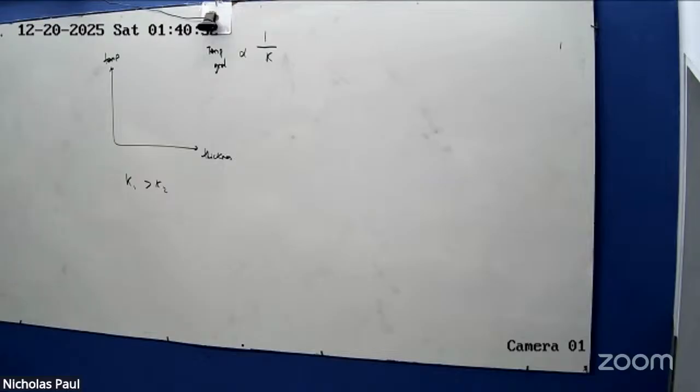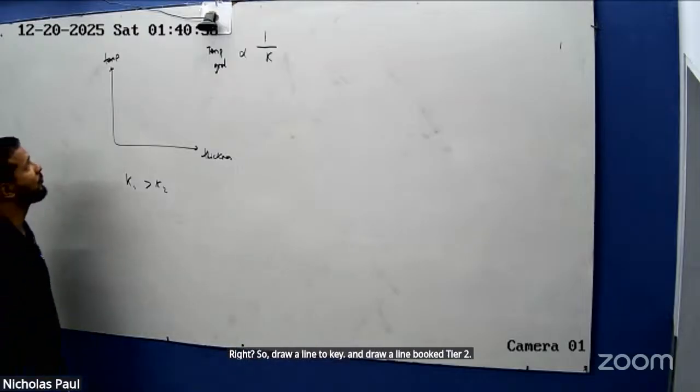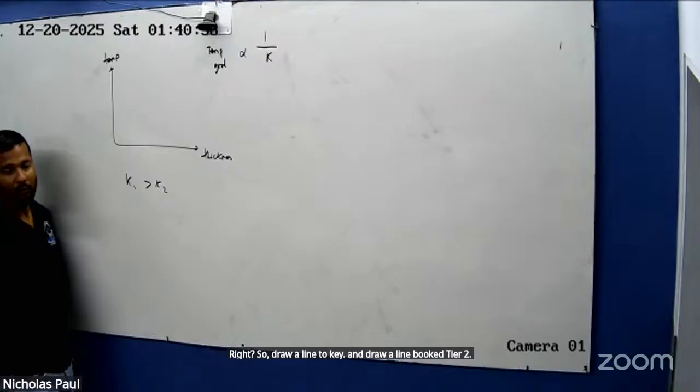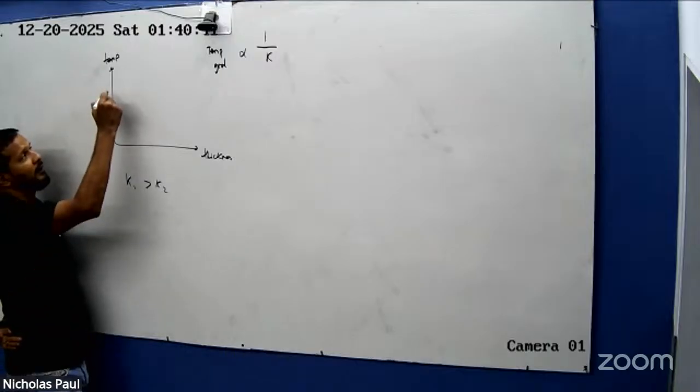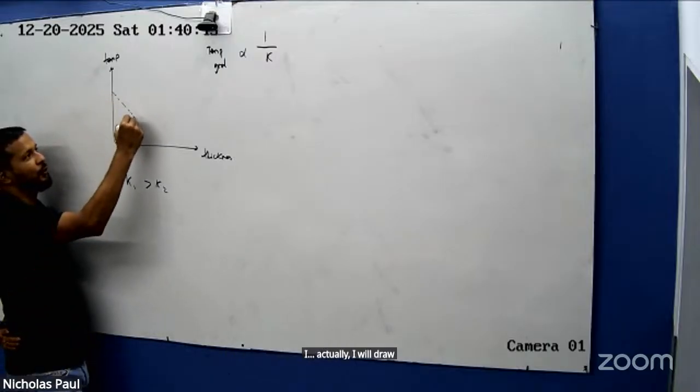Right, so draw a line for K1 and draw a line for K2. Actually, I will draw two lines and you label which one is what.